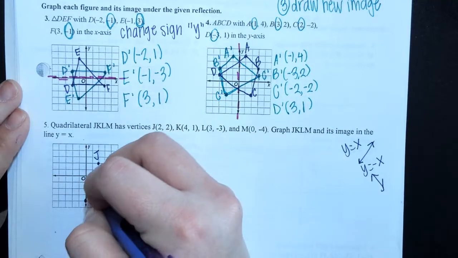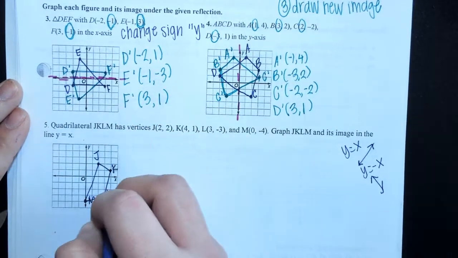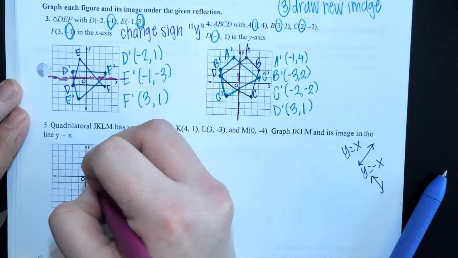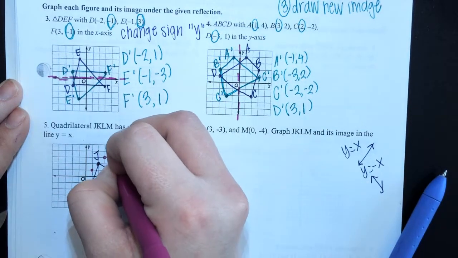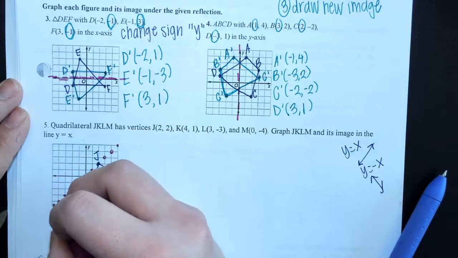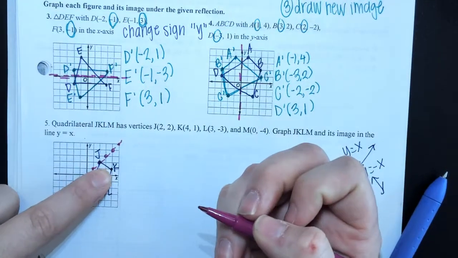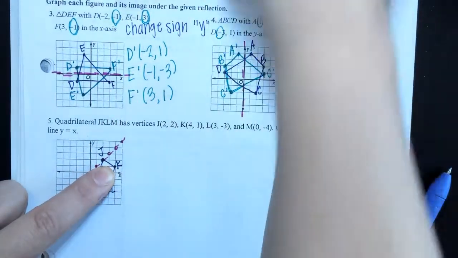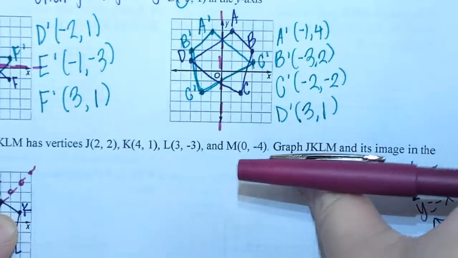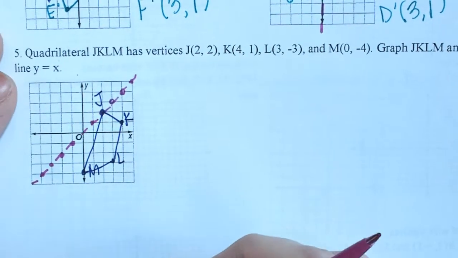Okay, so these are all my original image. There's a trick, because this is your line of reflection, so it really would be hard to count these spaces, right? Look at this K. I can't count the distance from K all the way to the other side. I'm crossing boxes. Here's your trick.